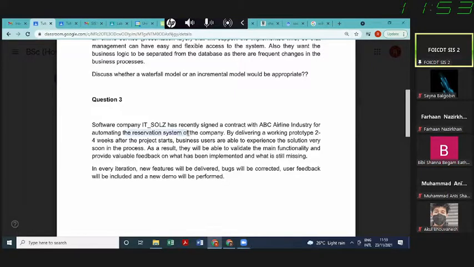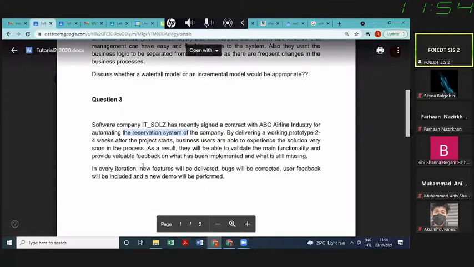So perhaps after 6 months, I would say that this is not an early version of the prototype. In 2 to 4 weeks, first of all, you need to understand the requirements. This is going to take you at least 1 or 2 weeks. So a working prototype 2 to 4 weeks after the project start is a very, very early prototype.